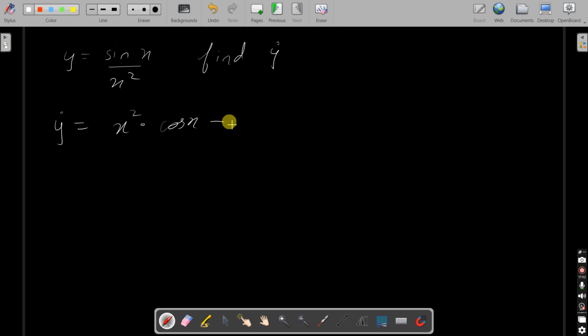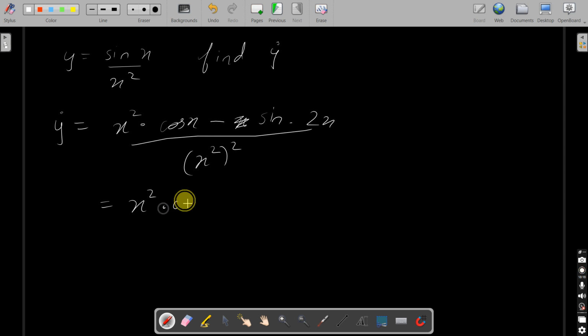Now the denominator gets differentiated, so sin x times 2x upon x to the power 4. This is our answer.